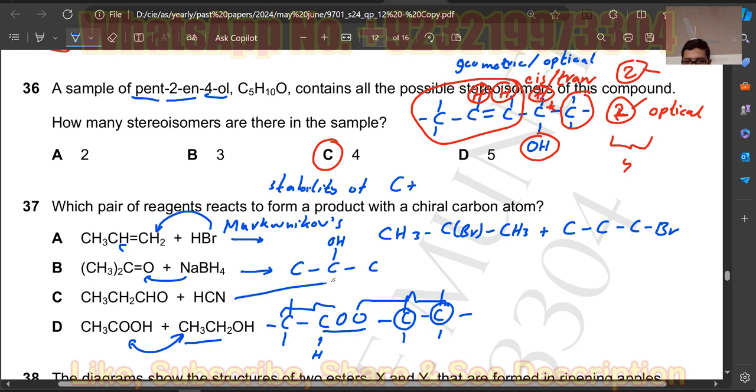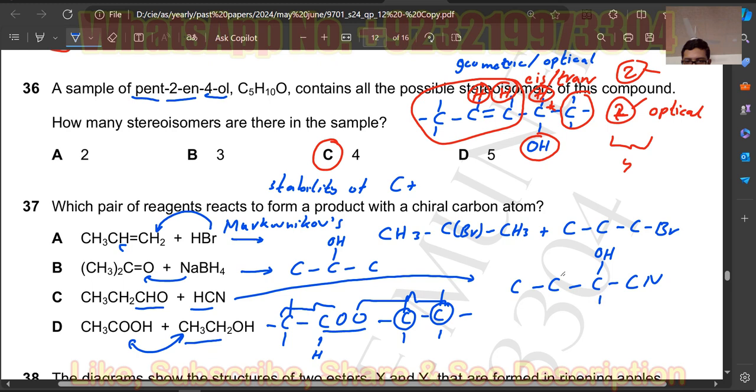Now about this reaction, we have an aldehyde reacting with HCN. Then as a result you will get this simple structure which I'm writing here. The aldehyde functional group will convert into the alcohol functional group, and this carbon will be bonded with the CN.